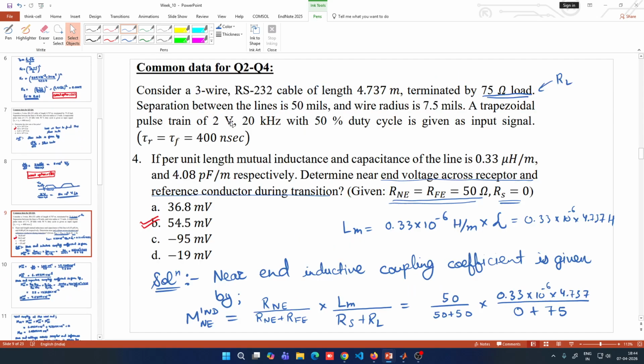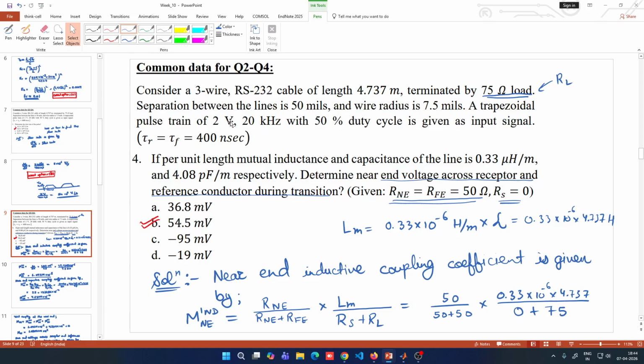And in question number 4, if the per unit length mutual inductance and capacitance of the line are 0.33 microhenry per meter and 4.08 picofarad per meter respectively, we have to determine the near end voltage across the receptor and reference conductor during transition.